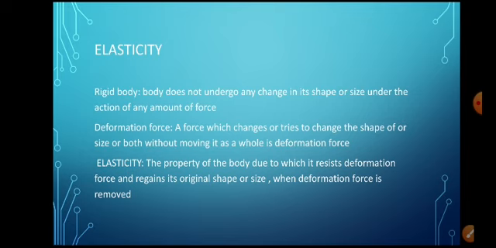You apply some force on a textbook, its size and shape change. You apply some more force on the desk, some bending will be there on the wooden sheet. Apply some force with your foot on the floor, no change is there, but you are trying to change it. That type of force is called a deformation force.